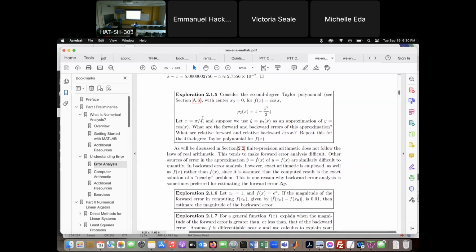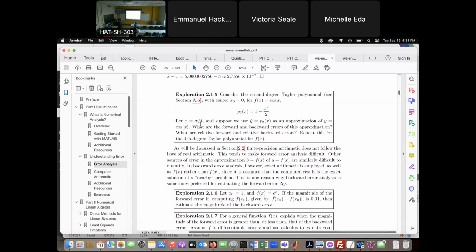First you substitute x equals pi over 4 into here, and that gives you y hat. That's your approximation of the true value y, which is just cosine of pi over 4.